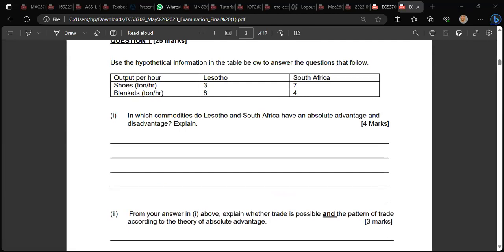Take note that these calculations are all going to be the same. The same way that we calculate it today is the way you would have to calculate it. They just change the figures, nothing else. So once you get it today, you'll always get it.